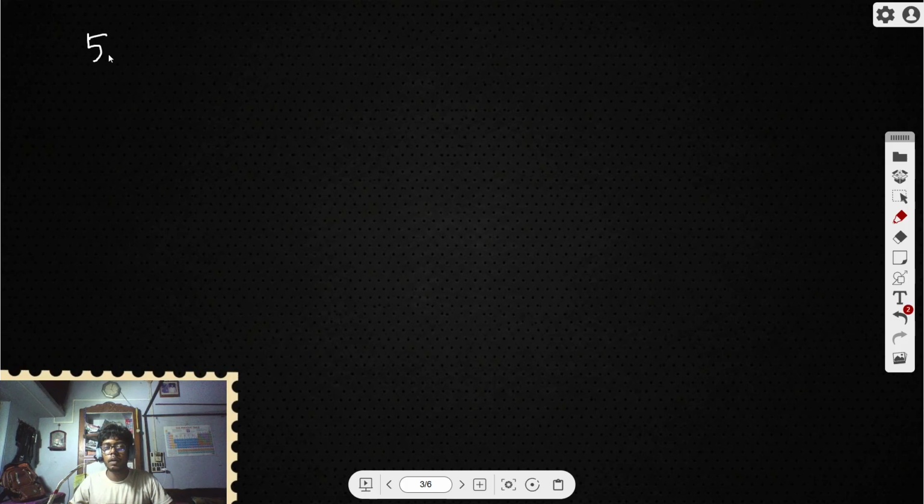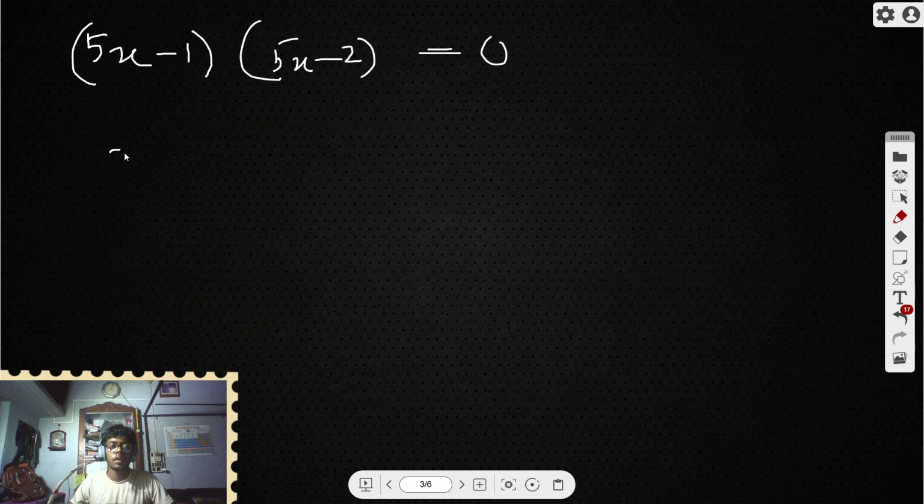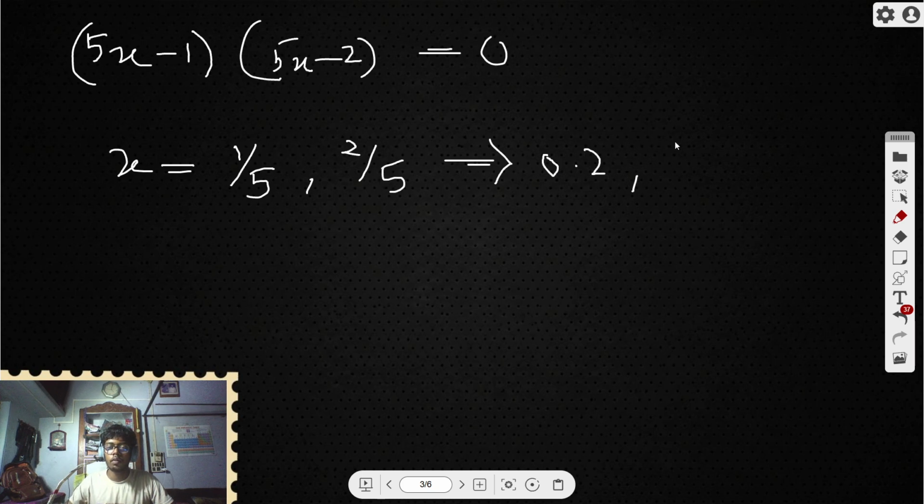It will be 5x minus 1 into 5x minus 2 equal to 0. From here, x is equal to 1 by 5 and x is equal to 2 by 5. That is 0.2 and 0.4.